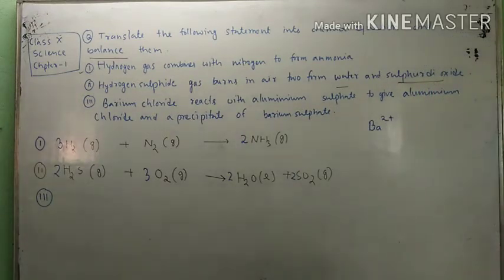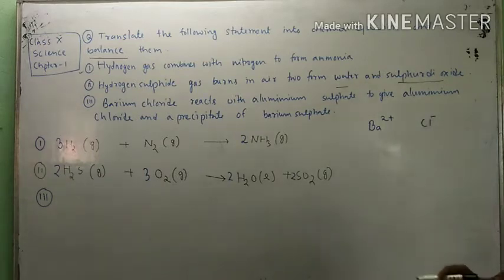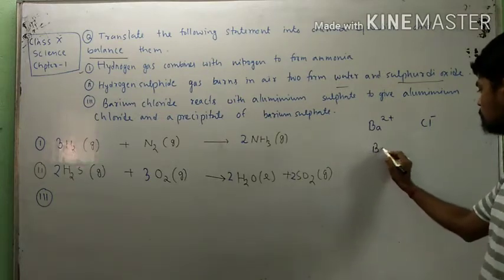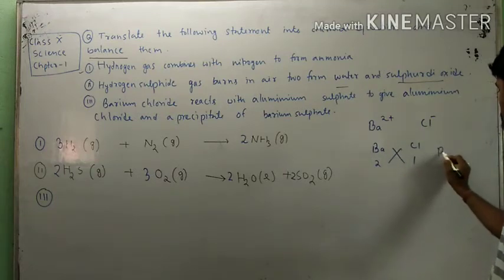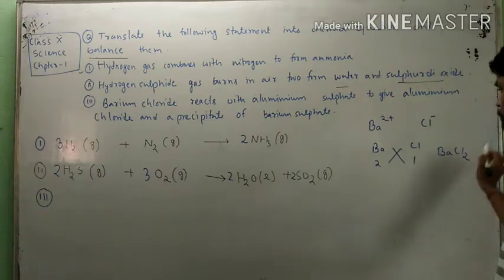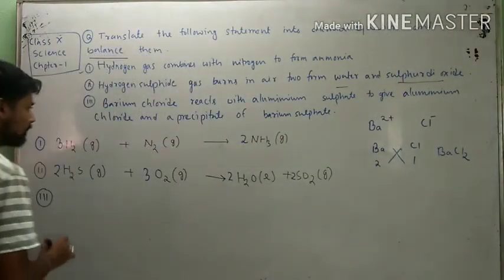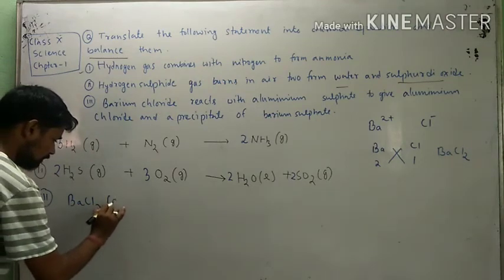We know that chloride is Cl minus. So put 2 here, 1, then cross multiply, it becomes BaCl2.